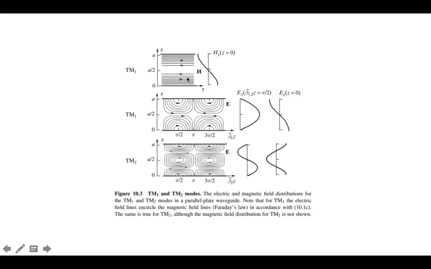You see the distribution of the H field. This is for TM1. You see the distribution of the electric field if you look into the side of the waveguide. So this being the Z direction, propagation occurring in this direction. And here would be the second order mode of the TM, looking once again at the E field through the side of the waveguide.